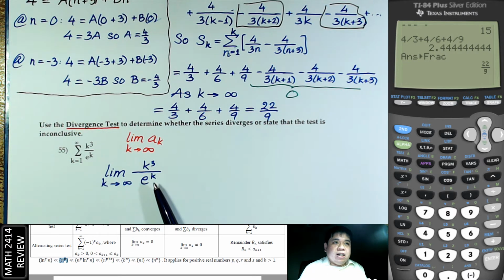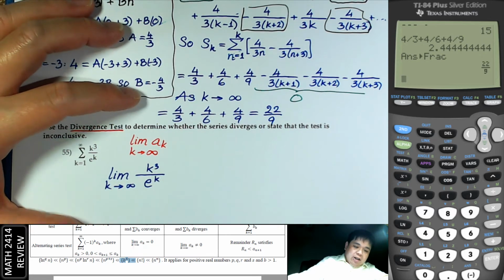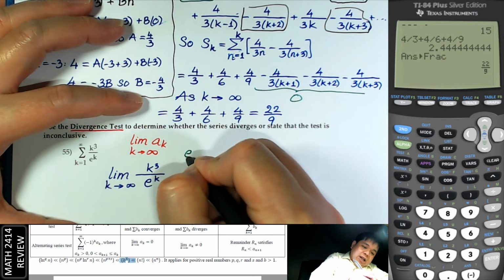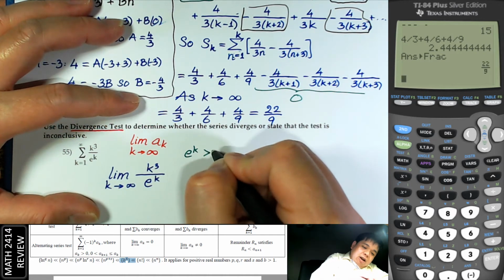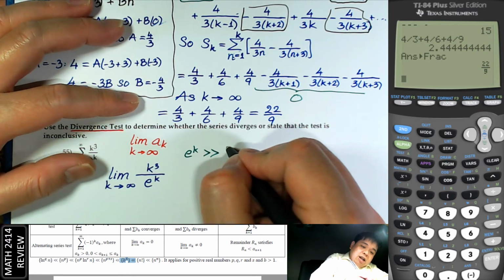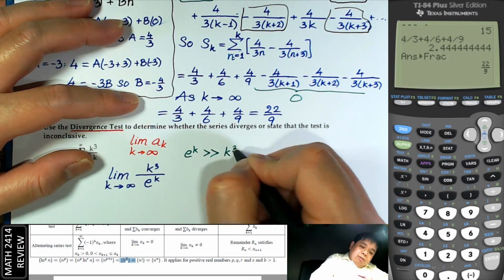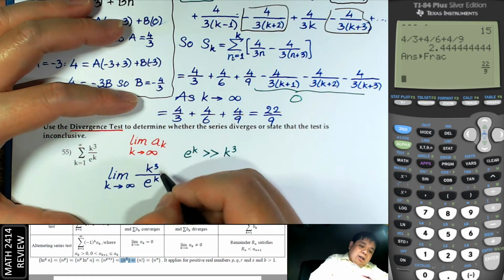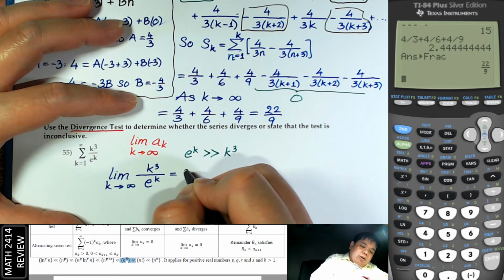Remember, the index raised to some constant power is going to be less than an exponential function. Because e to the k goes to infinity faster than k cubed, this one goes to 0.